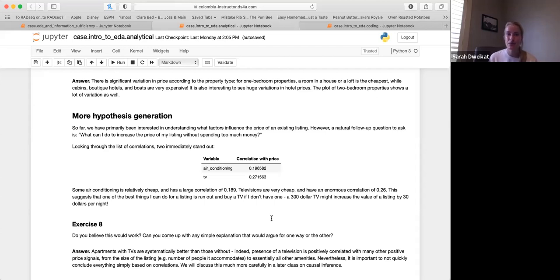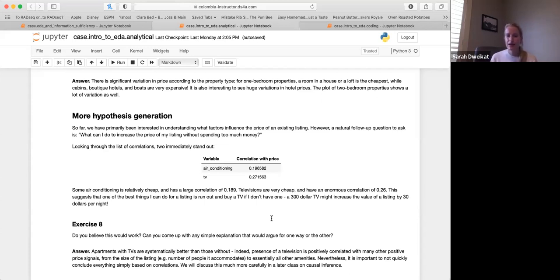If your rental is in a very warm location, someone might really benefit from air conditioning and you could really increase the price, making this slightly positive correlation stronger. If you're in some place very cold, maybe that wouldn't help. If you're in the middle of Alaska, air conditioning might not be worthwhile to add to your rental. So thinking about those other things, not just that adding air conditioning will automatically increase the price of your rental, is important. The same with a TV.